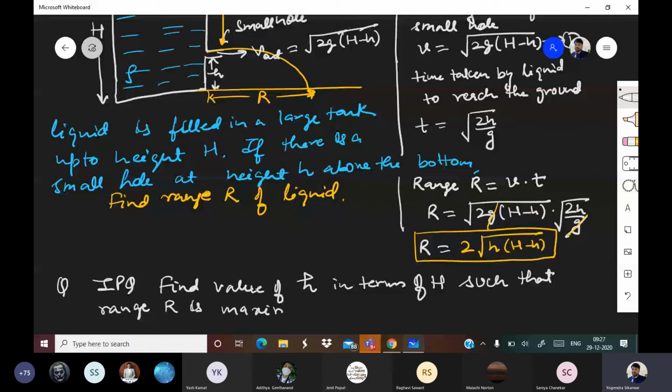Okay. Basically, the question is asking you what should be the value of small h so that your range becomes maximum in the previous question.